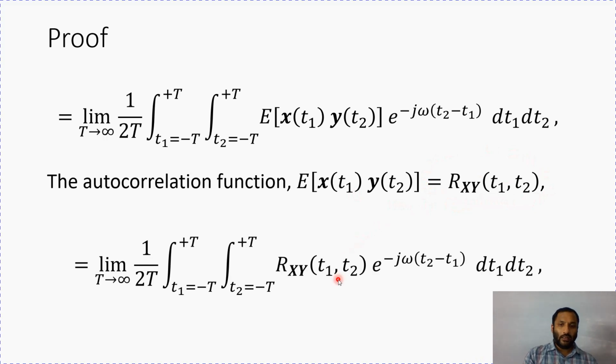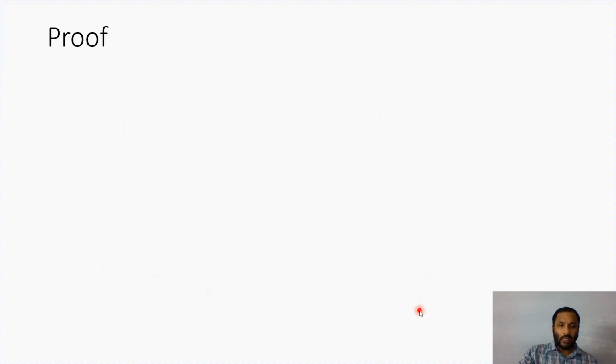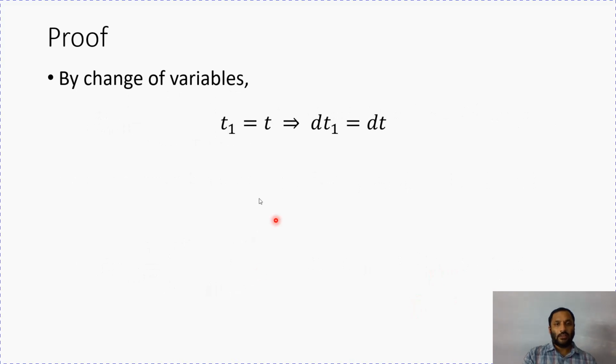Now by substituting that, I get the following expression. In order to further simplify this expression, I will make a change of variables. That means I will substitute t1 equal to t.